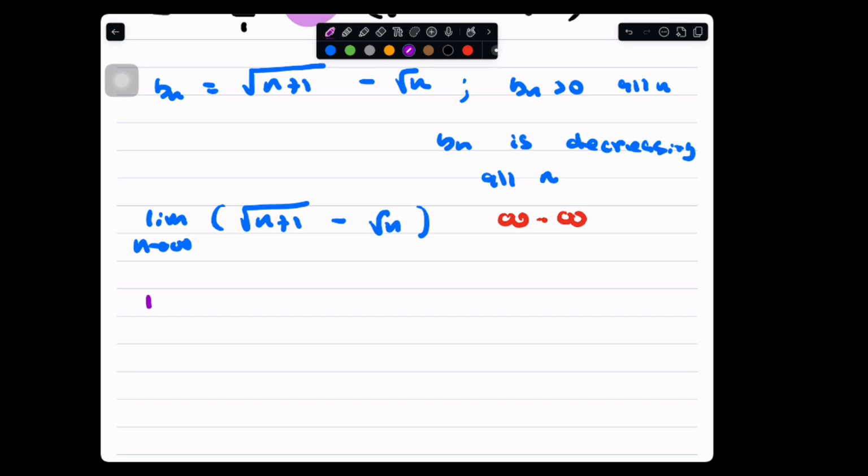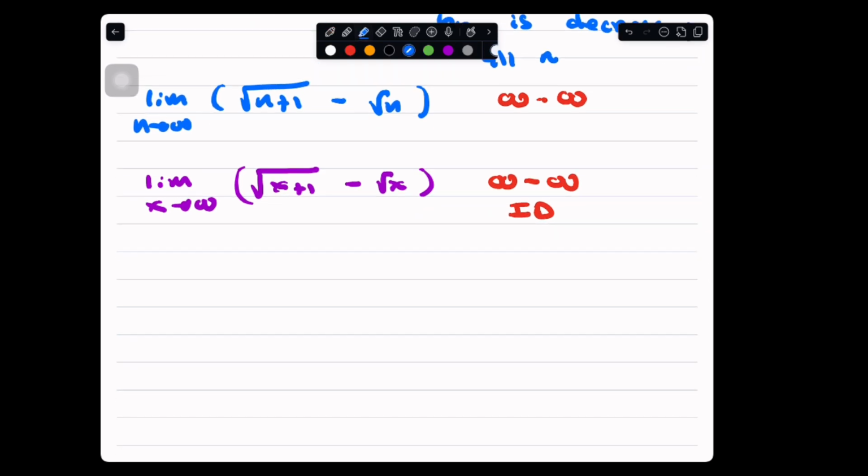Okay. You're going to now have to take a look at this as a function of x. Why do I say that? Because you have an indeterminate difference here. Okay, an indeterminate difference. What do you have to use when you have an indeterminate difference?